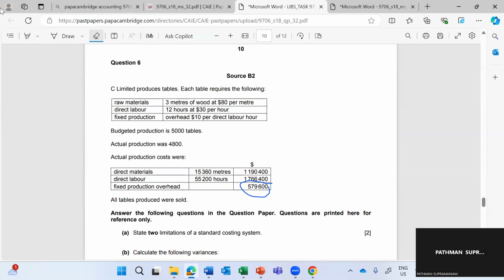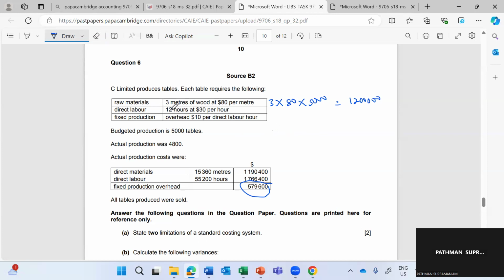So the direct material cost to produce 5,000 units is 3 times 80 times 5,000. So it's 1,200,000.